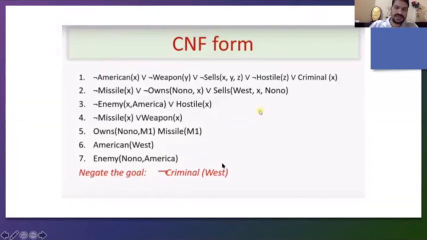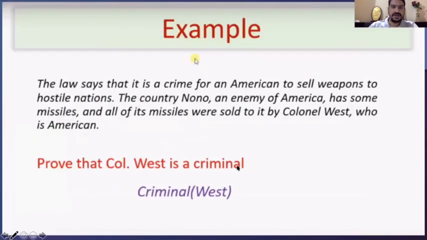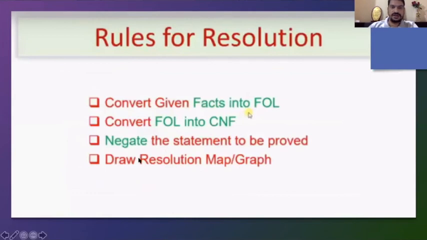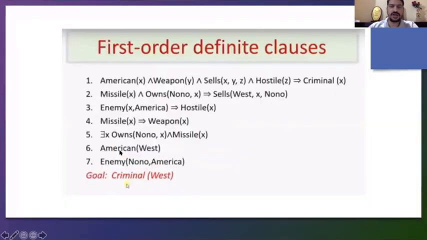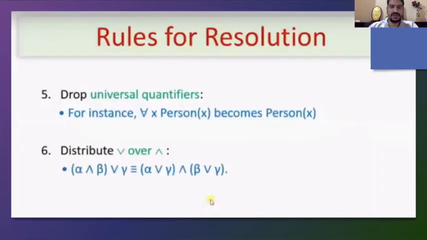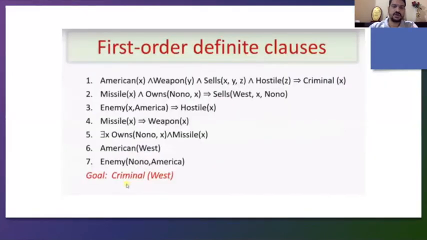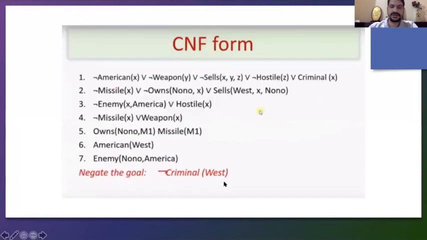And at last the goal has been negated. Here, negate the statement to be proved. Only the statement which has to be proved will be negated, not all other sentences. Only the proof, that is your goal sentence, will be negated. All other sentences will be converted into CNF.